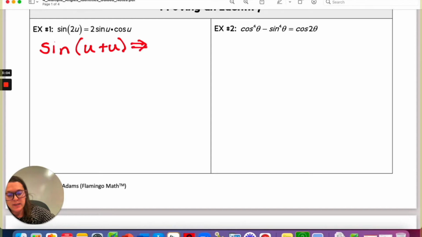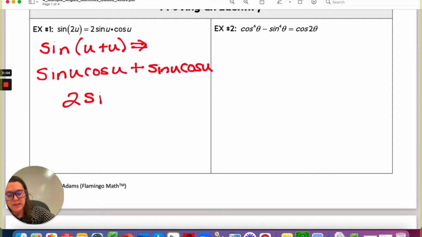If I use my sum identity for sine, the sine of alpha times the cosine of beta, which in this case is just both u's, plus the sine of beta, which in this case is u, times the cosine of alpha, which in this case is u, turns out to be 2 sine u cosine u, which is equal to 2 sine u cosine u.